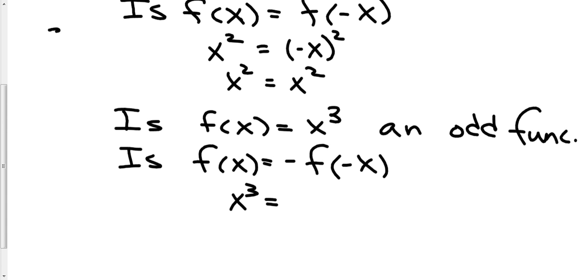But now I'm doing negative f of negative x. So I'm doing negative x cubed. Unpack that. Did I do that correctly? Did I put negative x into that function correctly?